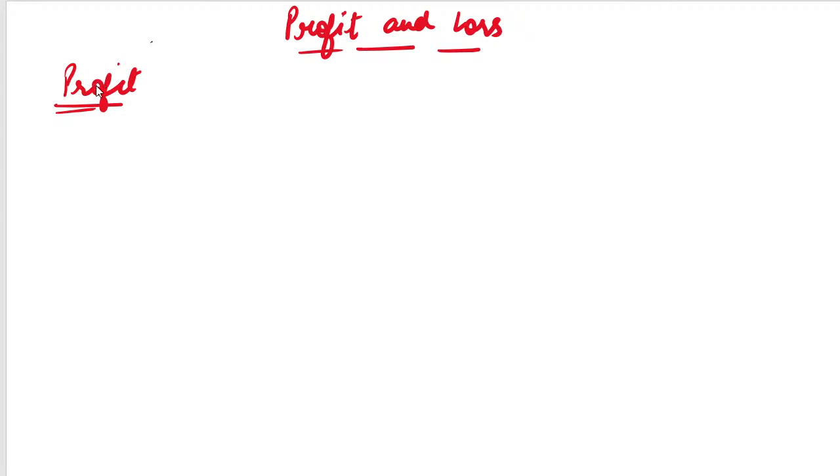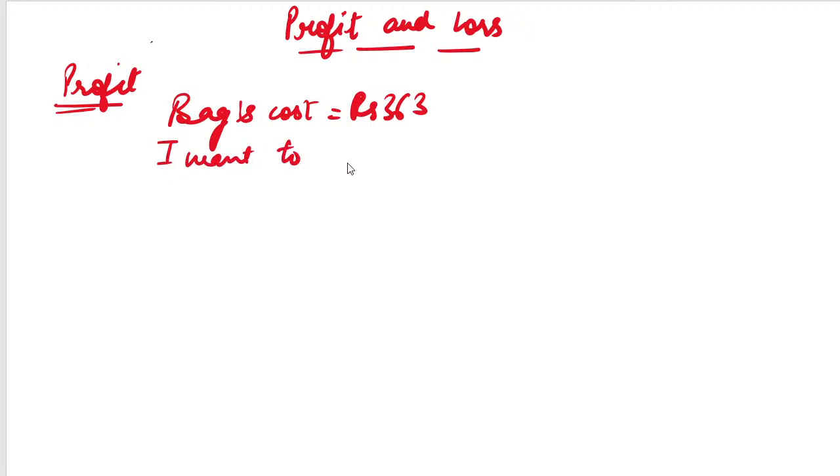I'm giving you an example. Okay. If I say a bag's cost is rupees 360, right, and I want to resell the bag in 450, let's say.